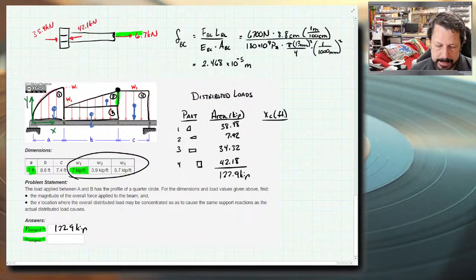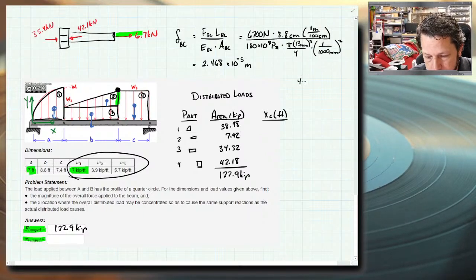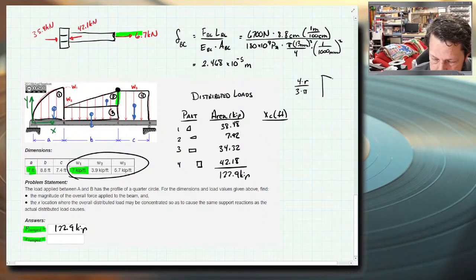So for a quarter circle, if you don't remember, the centroid for a half circle and a quarter circle is 4r over 3 pi. But that is measured from here.